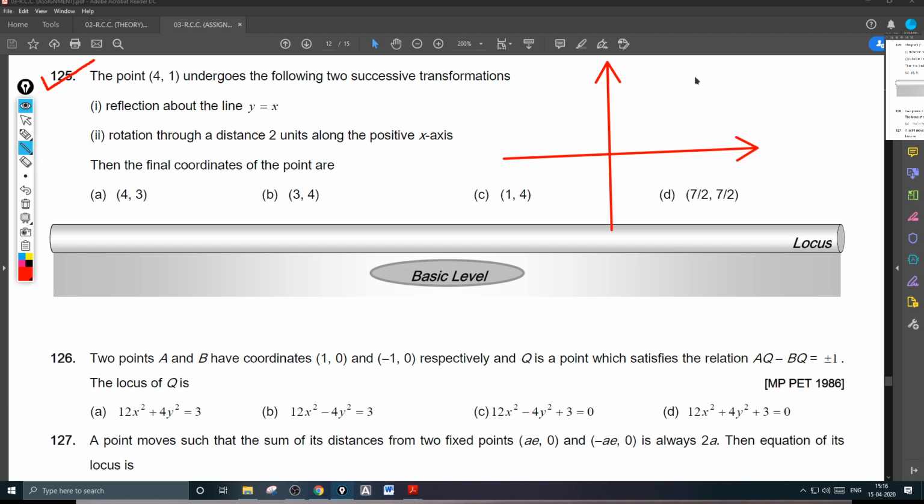Y is equal to x is a line on which the x coordinate is equal to the y coordinate. Okay.